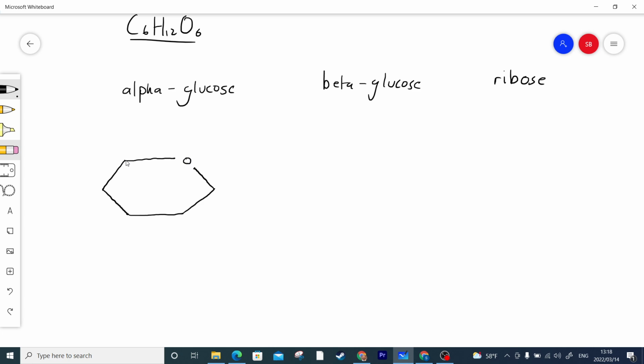Now, what do these little joins mean? In chemistry, we can take a shortcut, and instead of drawing carbon bonded to carbon, bonded to carbon, and you're welcome to draw it like this, bonded to carbon, bonded to oxygen, bonded to that carbon, you can draw a more condensed version by just drawing the lines.